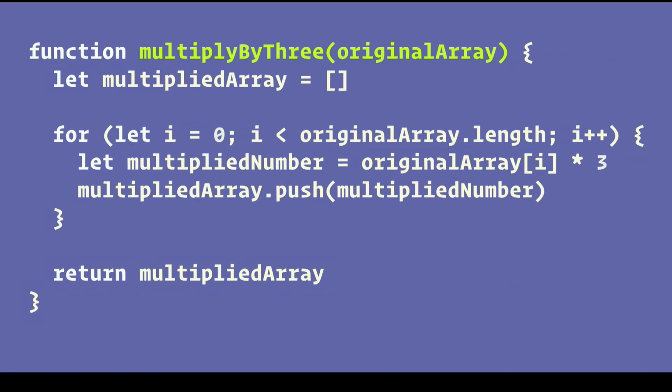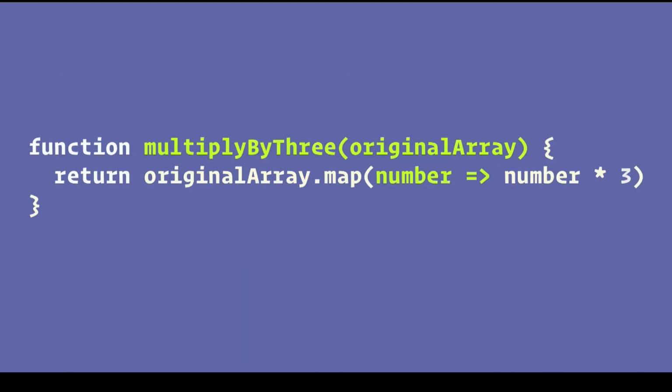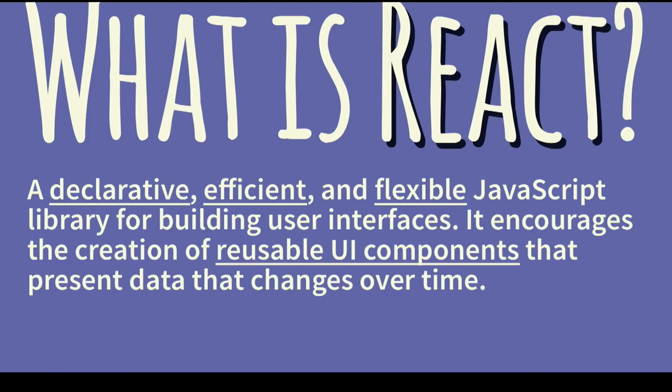Then create another variable called multiplied number. What do you think this is? Imperative or declarative? Imperative. Telling it every little thing to do. This is declarative. So much shorter, so much more efficient. Just map over the original array, multiply each number by 3.